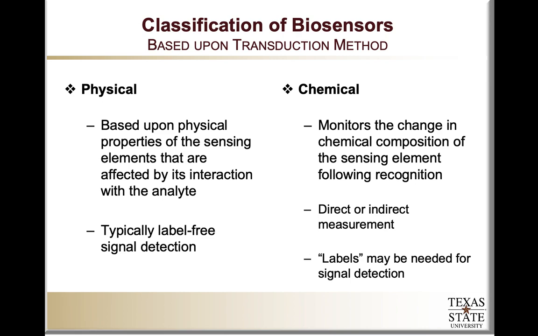Or it could be an enzyme, or an antibody that has an enzymatic label, to enable us to do optical detection through either luminescence or absorbance methods. Or perhaps if we have an actual electrochemical sensor, then we might need to add an electroactive molecule that would enable us to detect a signal to indicate the binding process.